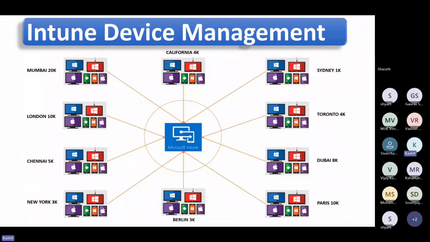Now, as an Intune administrator, how can you manage devices? Suppose you are working as an Intune administrator from Mumbai, and your devices are located in multiple countries. Suppose New York is your headquarters, with 3,000 devices.